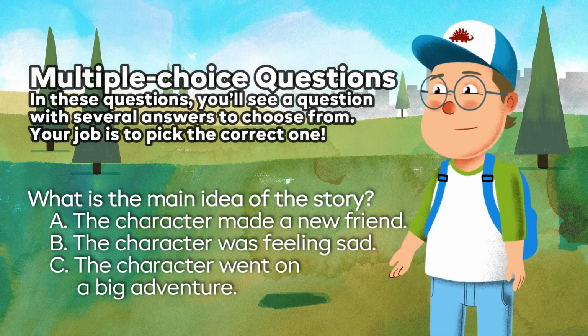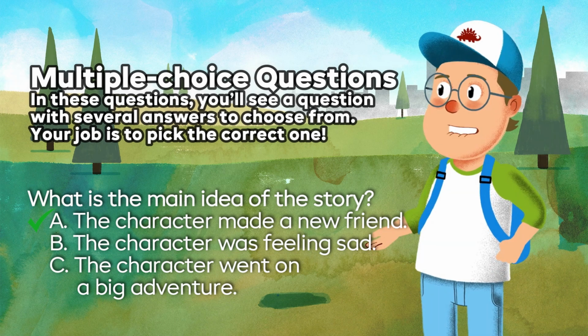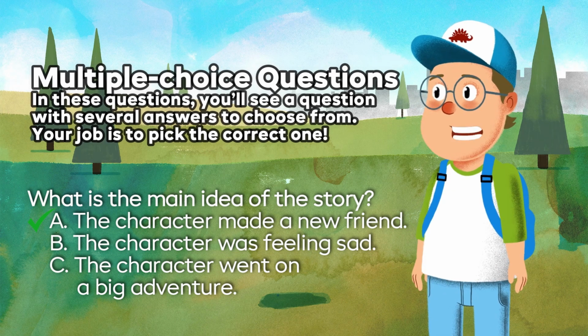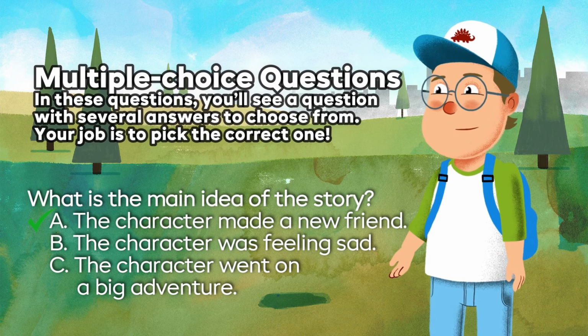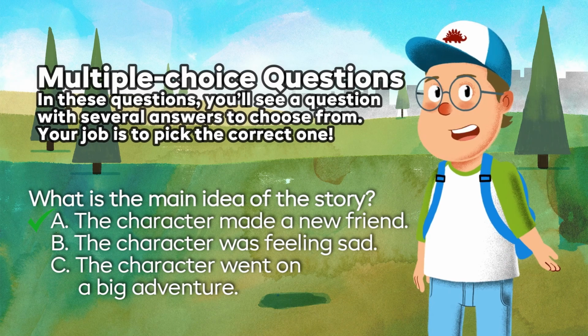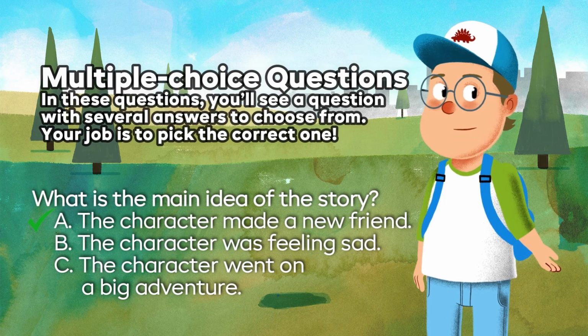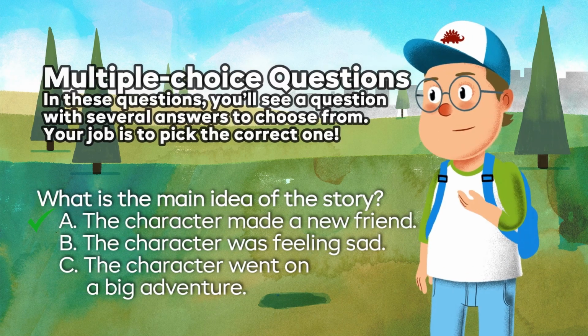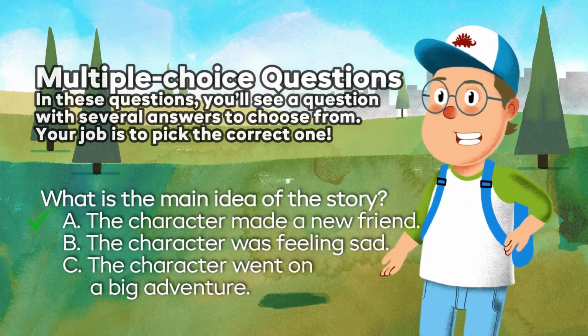The correct answer is B. The character made a new friend. You pick the answer that best matches the main idea of the story. It's like choosing the answer that fits best with what you read.